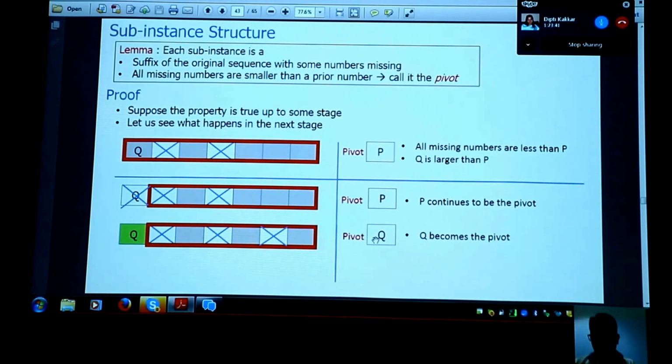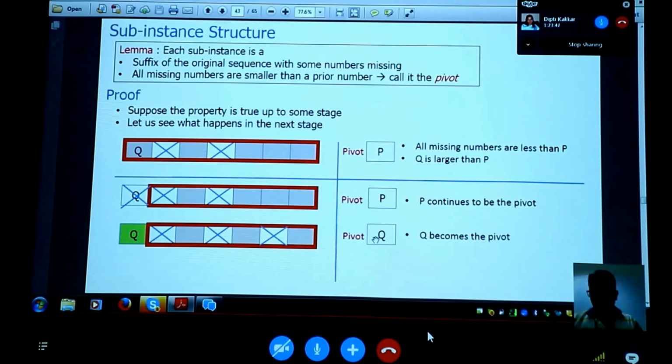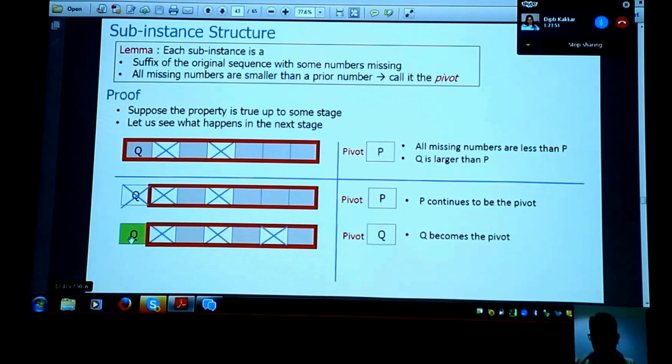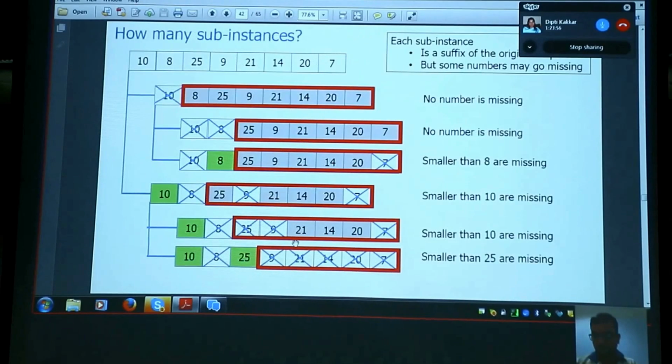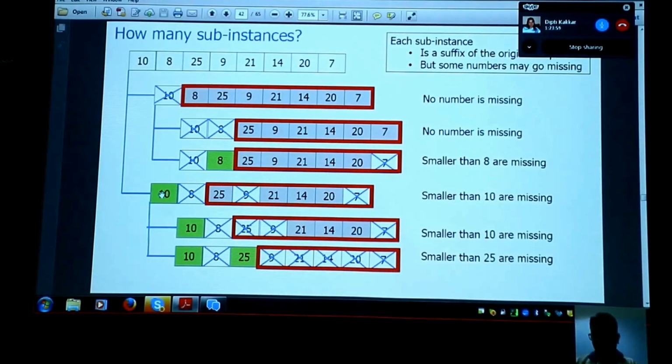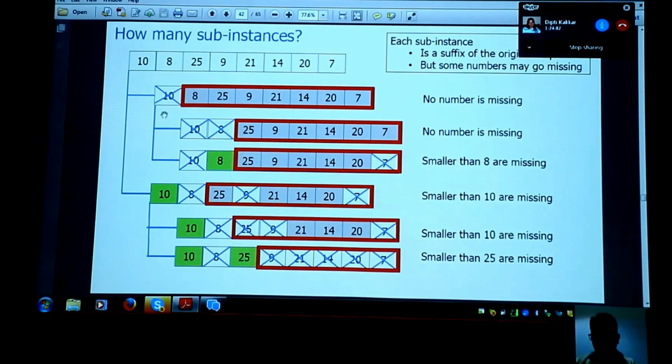The pivot cannot be to the right. The pivot is always some number I have seen already. Like this Q becomes a pivot. He is appearing before this sequence. He is somebody whom I have seen already. Like here, it's either this 8 or this 10 or this 25. It's some number that I have seen already.